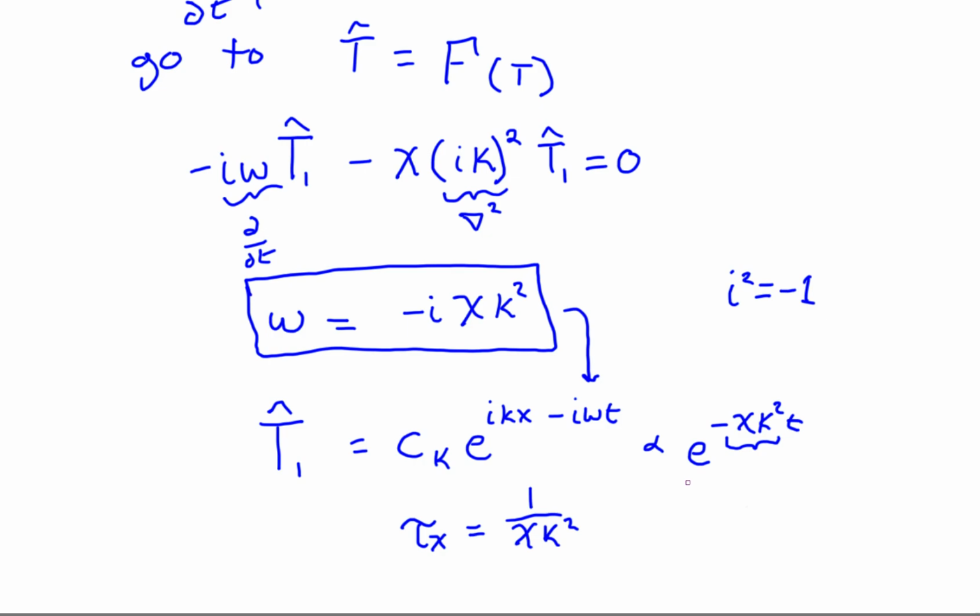And so this whole form is e to the minus t over tau, and we find our known solution to the heat equation, which is that under diffusion, all perturbations exponentially decay away with time, and the rate at which they decay is related to their wave number, to their spatial scale.